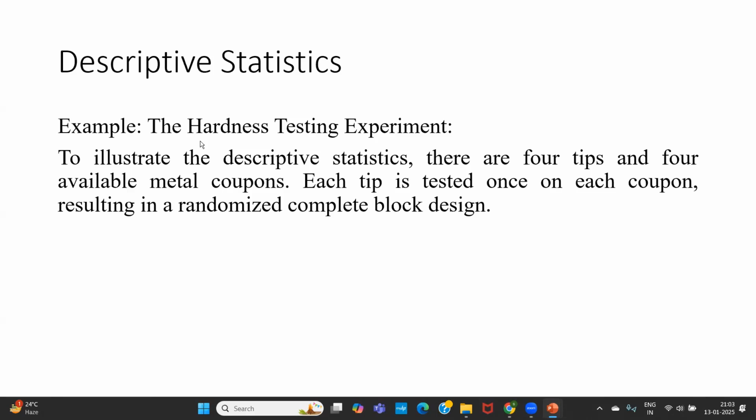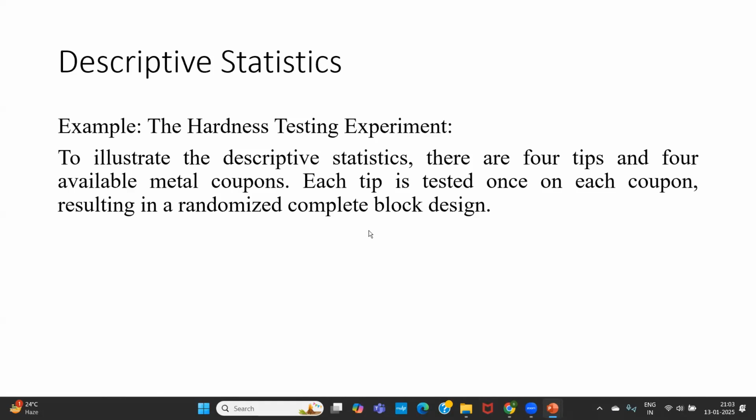That's why randomization is required to avoid personal bias. Along with it, replication: if you get just one outcome and claim that it is superior when it is not, you have to do it multiple times. We call it replication. And the last one is local control.